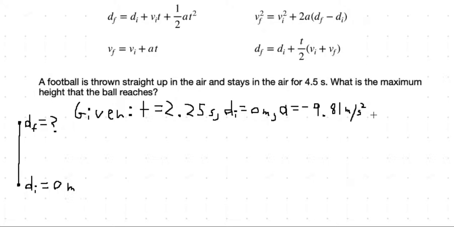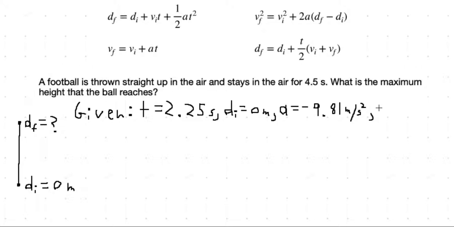Are we given anything else? Well, when the ball gets thrown up in the air, once it reaches its maximum height, right before it starts moving downward again, the velocity of the ball is going to be 0. It's being thrown with some initial velocity, vi, which we don't actually know yet, and it's going to reach the maximum height. When it's at its maximum height, we call that the final velocity, vf.